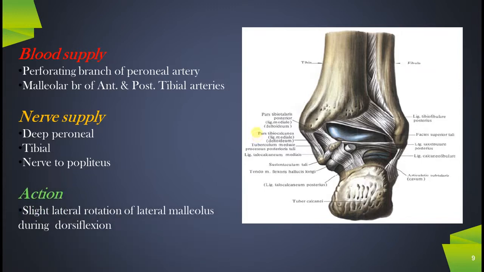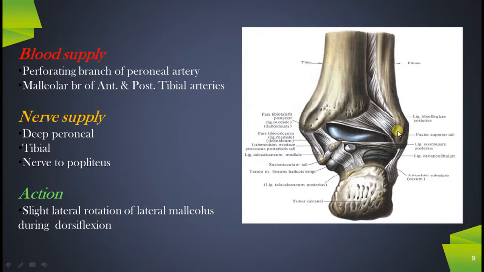Now, the action is during dorsiflexion. During dorsiflexion, the fibula is displaced laterally and there is a slight outward rotation, that is the lateral rotation. At the same time, during dorsiflexion, there is gliding of the fibula over the tibia in the superior tibiofibular joint.